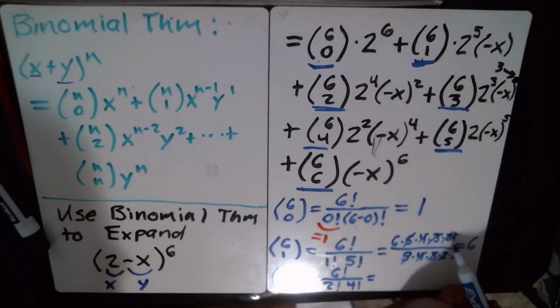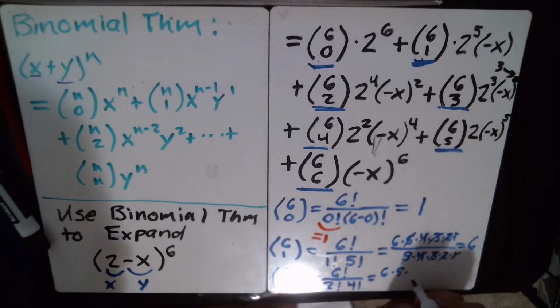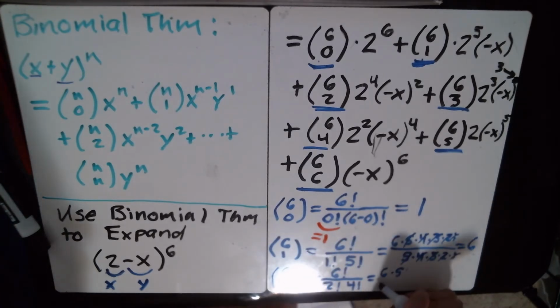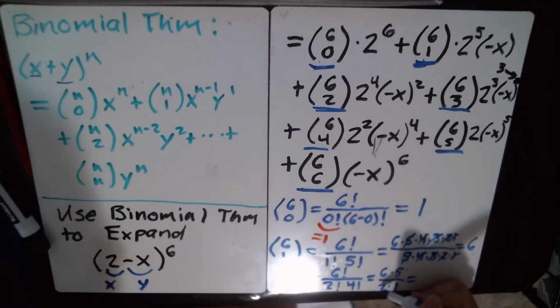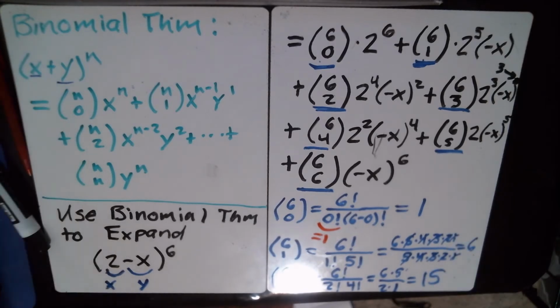What I'm left with is just 6 times 5, divided by 2 factorial, which is 2 times 1. So we get 3 times 5, which is 15.